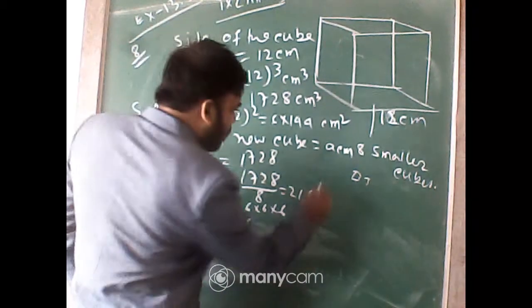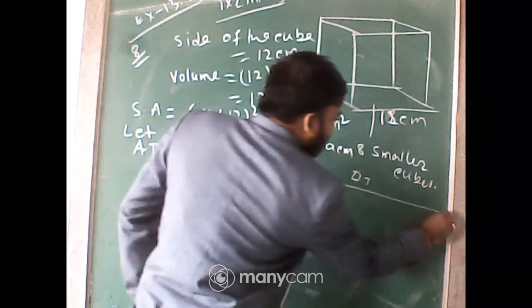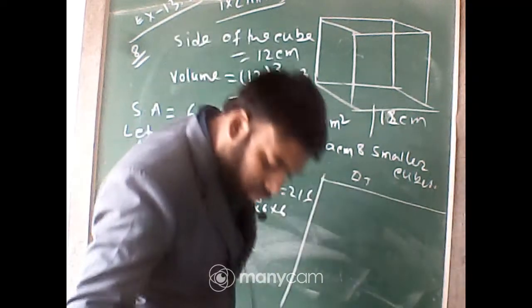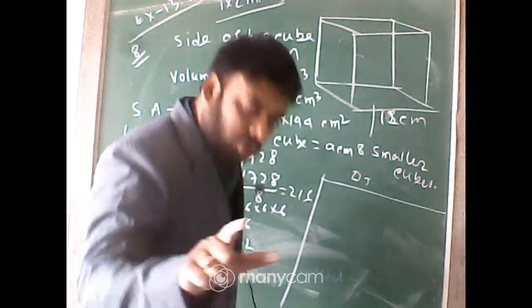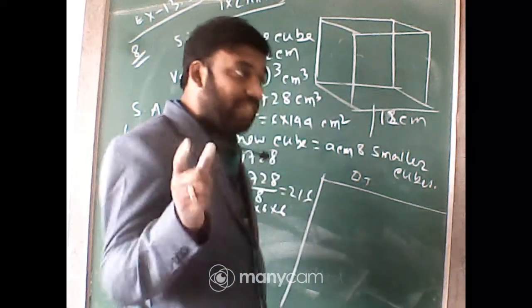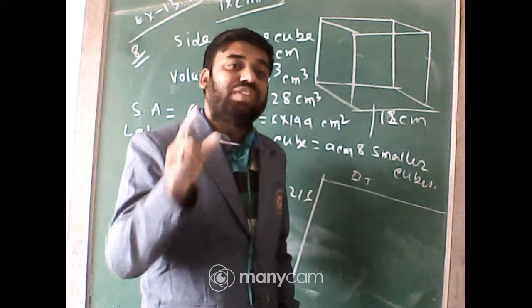Now I am doing the remaining part here. The first question is, what will be the side of the new cube? That is 6 centimeter. And the next question, what is the ratio of the surface area of each cube?